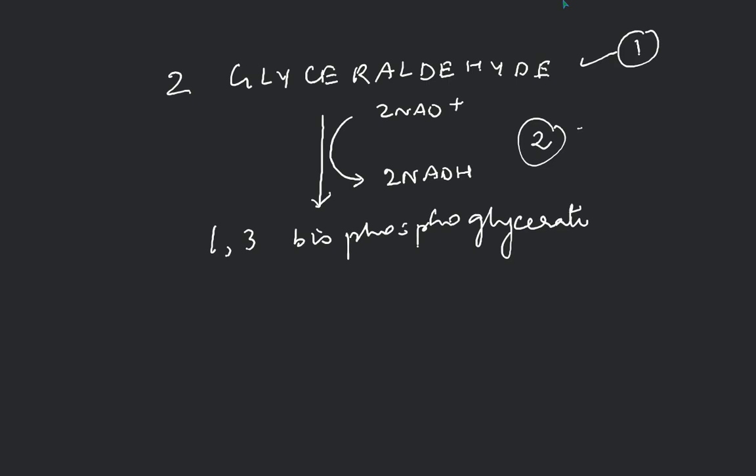Two phosphate groups from the two ATP molecules are joined to form glucose. Let's see where this is done.